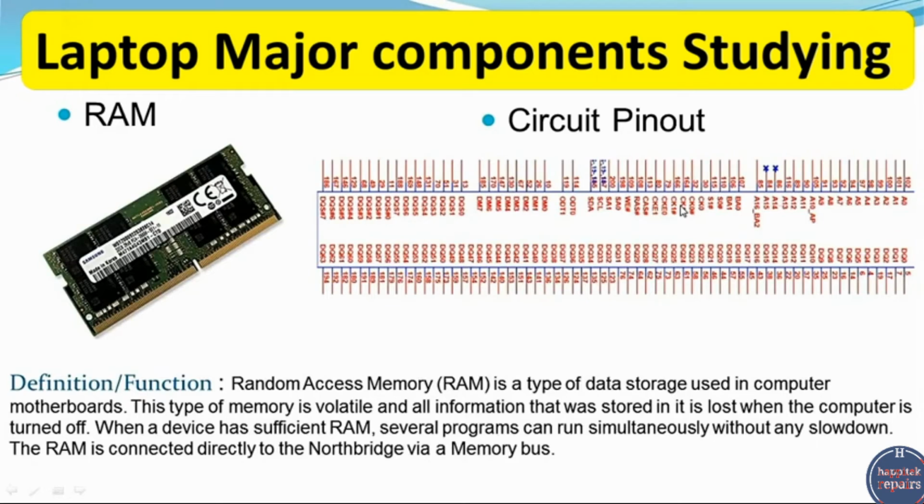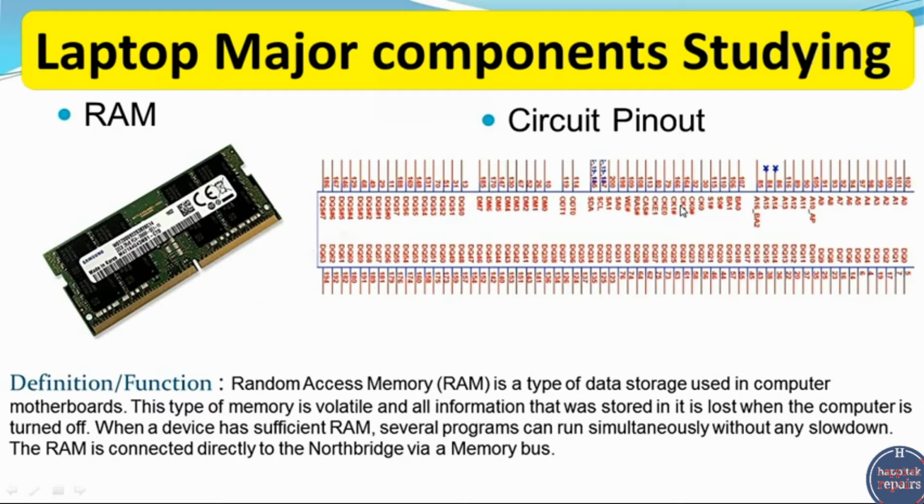The RAM, or random access memory. The RAM, as you know, is one of the most important parts in every computer. Without the RAM, you cannot run the operating system. As a definition, random access memory is a type of data storage used in computer motherboards.